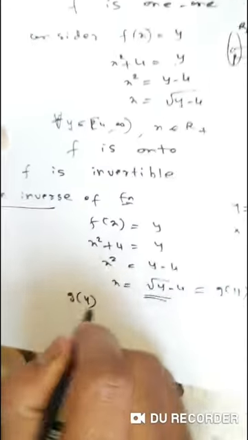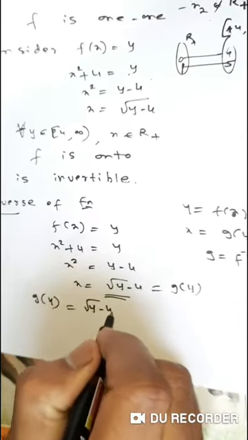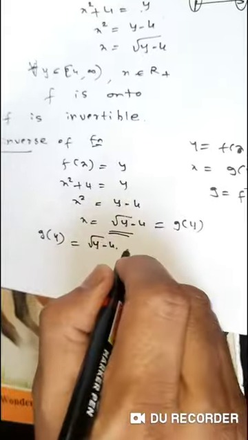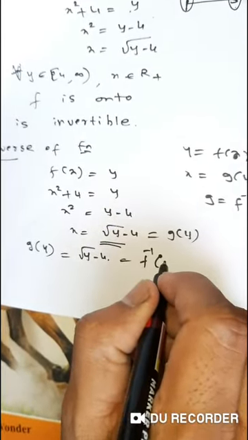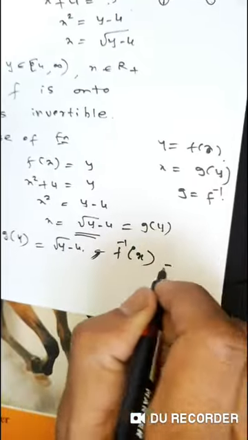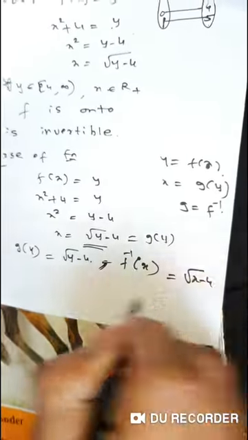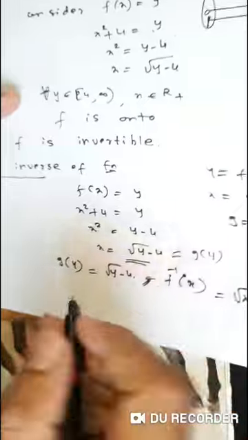Which is f inverse of y. We can write f inverse of x is equal to square root of x minus 4. So like this, on this sheet, examples will be asked like this.